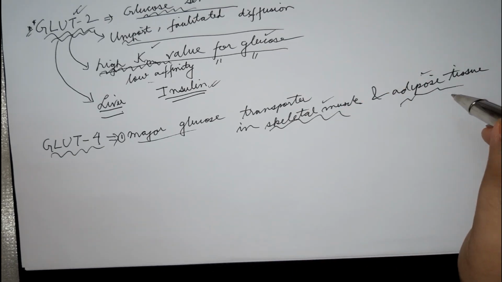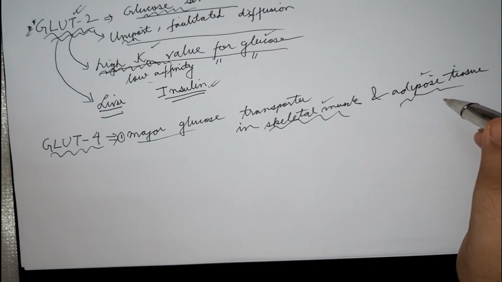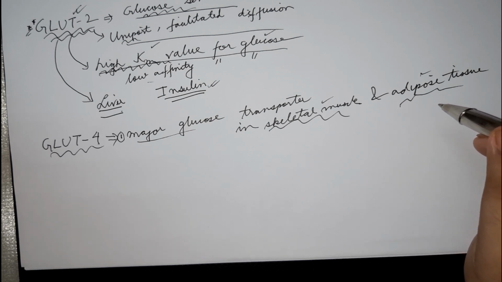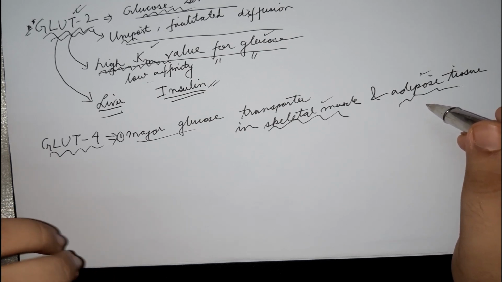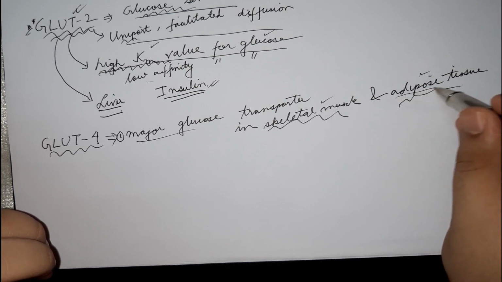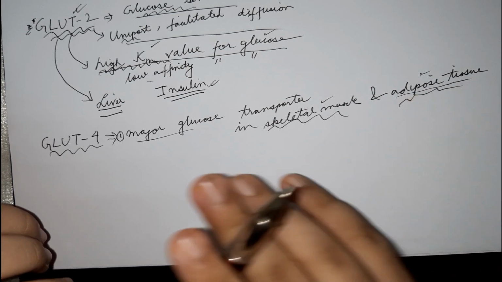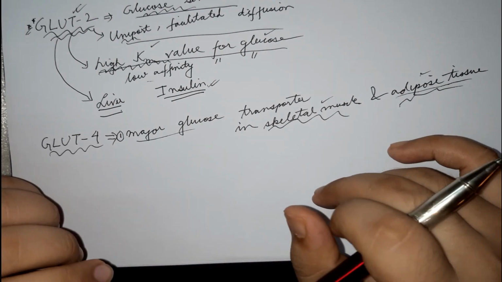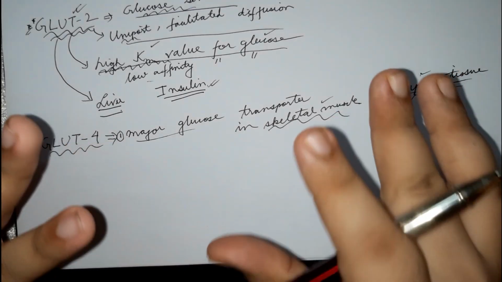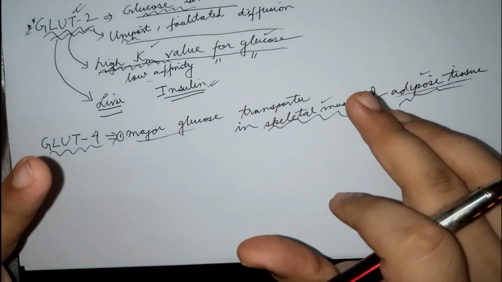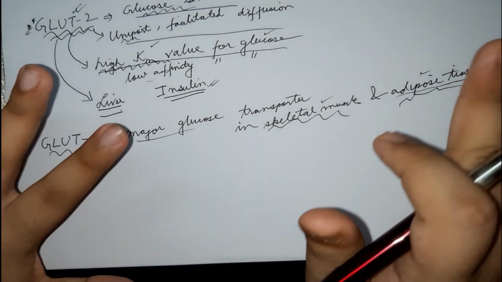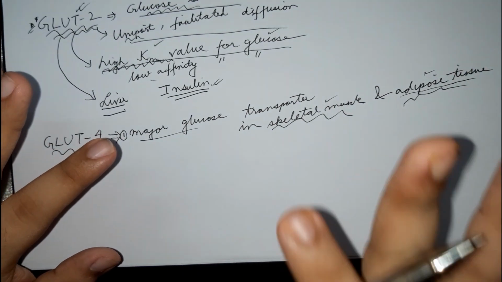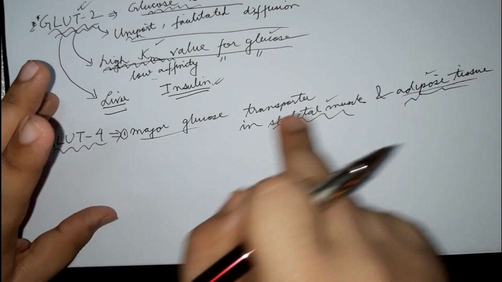Both of these are sites of storage of carbohydrates, or glucose in the form of glycogen. Adipose tissue also stores, skeletal muscles also store them. So now this is how the next information will be connected to this.